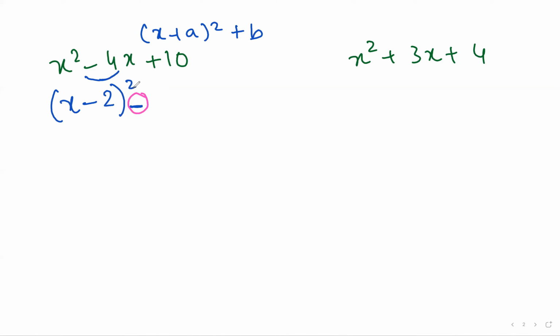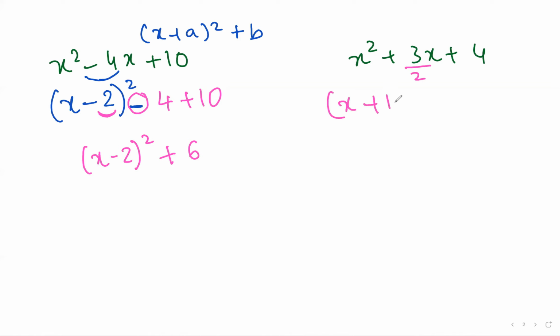So (x − 2)², then 2 squared is 4, plus 10. So the answer will be (x − 2)² plus 6. Correct. Similarly here you will be taking half of this. So it is (x + 1.5)².